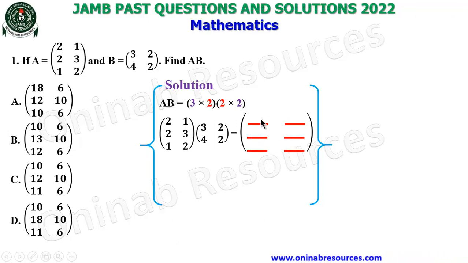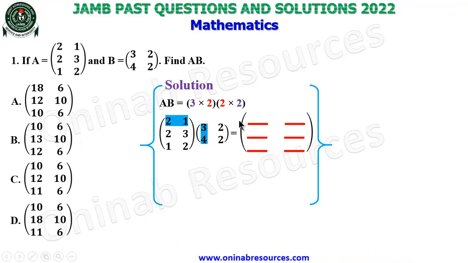So we are going to fill this in. By matrix multiplication, it is row multiplied by column. That is the row of the first matrix multiplied by the column of the second matrix. So we pick the first row, we then use it to multiply the first column here. We do that using the corresponding elements.